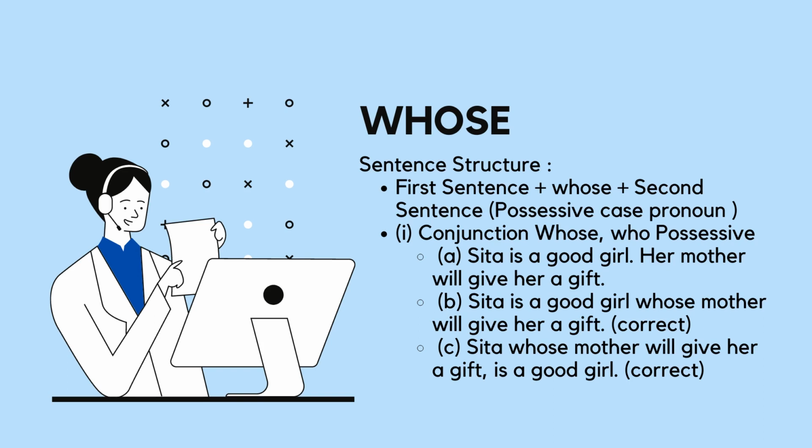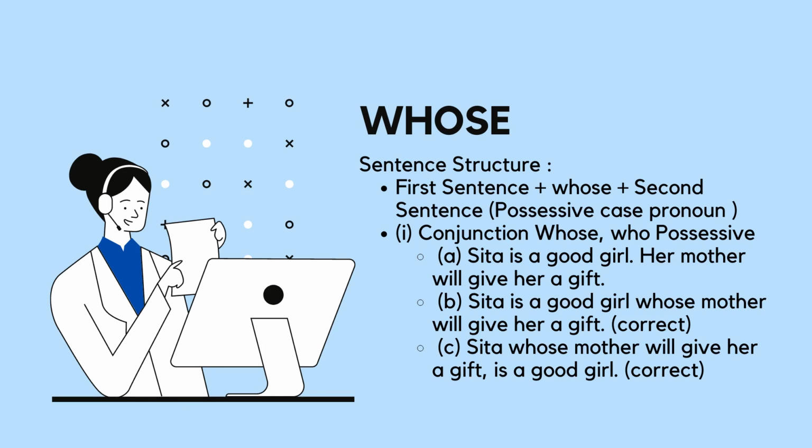It can be written as: Sita is a good girl whose mother will give her a gift. Here, instead of "her mother", we have written "whose mother". Another way to write the same sentence is: Sita, whose mother will give her a gift, is a good girl.